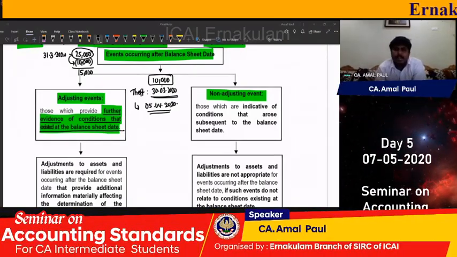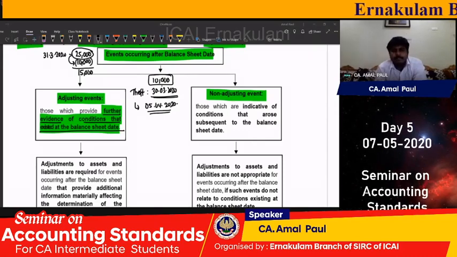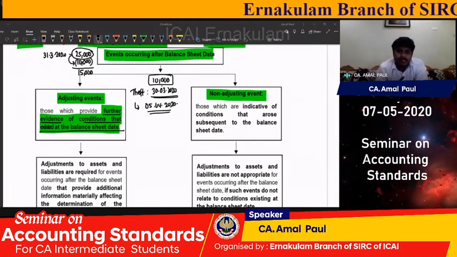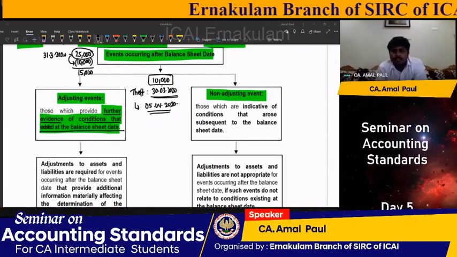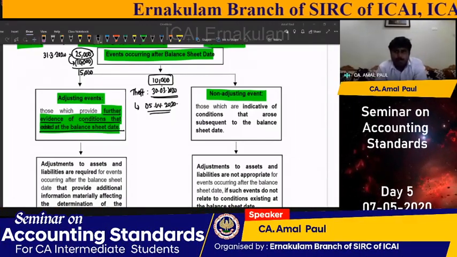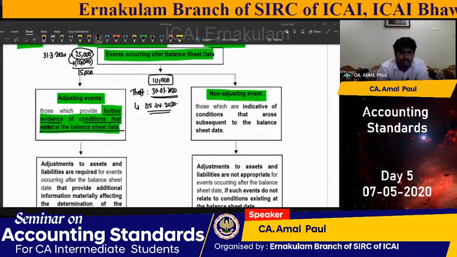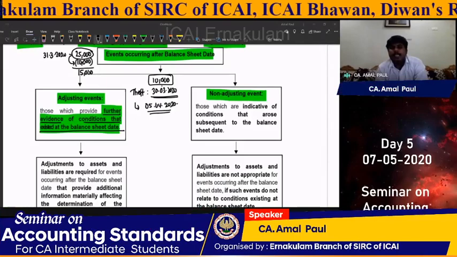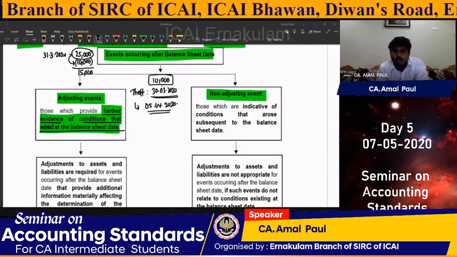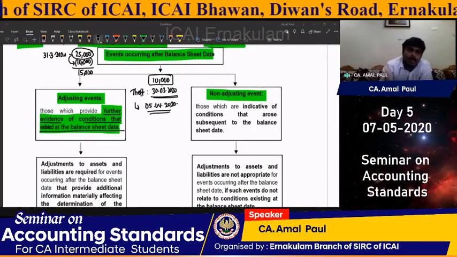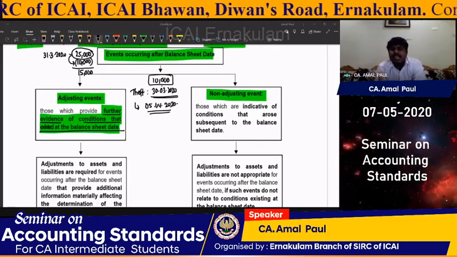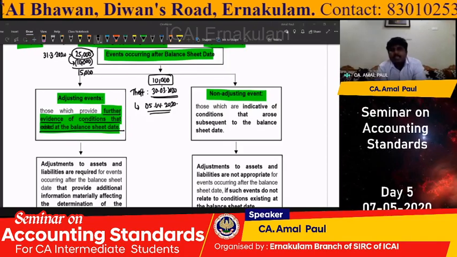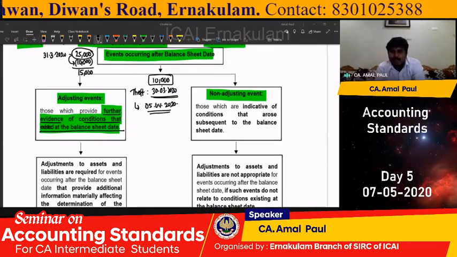For example, we are having a debtor. He was having severe financial crisis, and we had created provision for his debt as on 31/3/2020. After balance sheet date, he became bankrupt. The collectability of the amount had some uncertainty that was known to us earlier also.